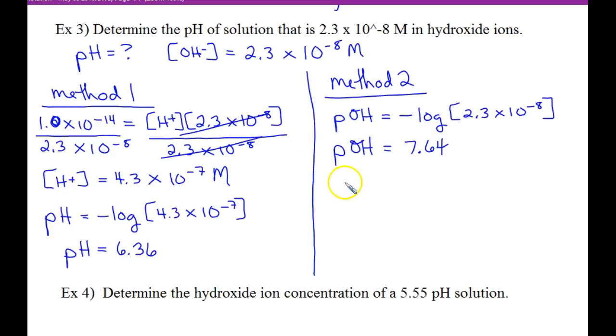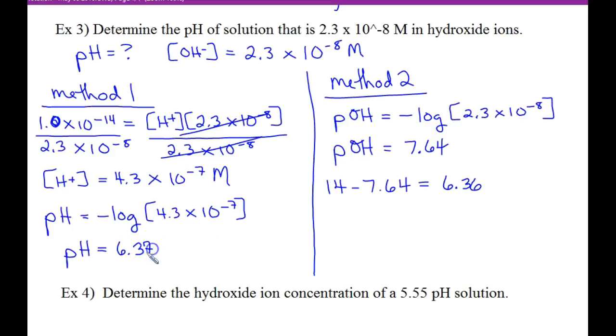And that gives me a pOH of 7.64. And then since the sum of pH and pOH is 14, I can subtract this from 14, and I will get 6.37. No, actually that one will be 6.36. Maybe it was that one that was supposed to be 6.37. Hold on, let me check.